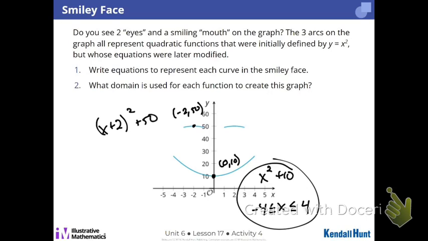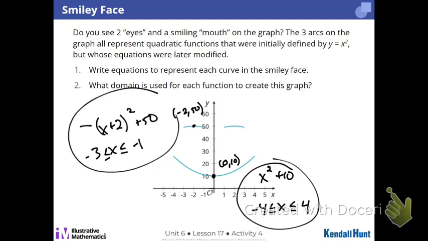But this is still not right yet. I need a negative to make it point down. Remember matching those yesterday? We looked for that to be negative or positive. And then we need a domain from -3 to -1 for it to make the left eye.